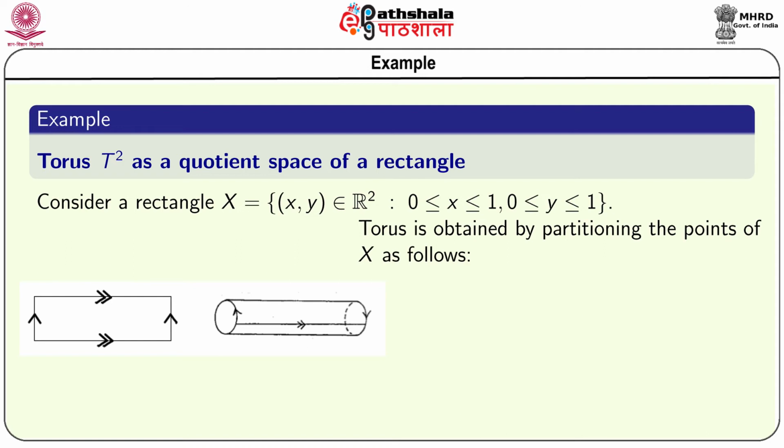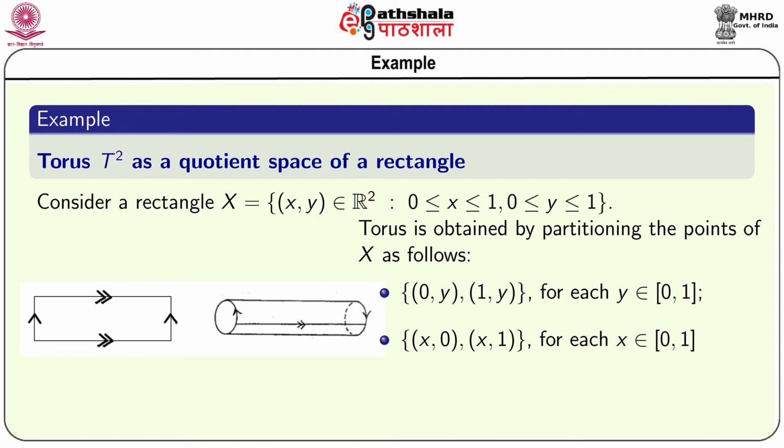So, first of all we are identifying the upper edge with the lower edge, that is shown in the second partition, that x0 and x1, these two are inside the same set in the partition, and when we are saying that we are identifying the vertical edge with the other vertical edge, that is seen from the first partition, where 0 y is identified with 1 y, y belonging to closed interval 0 1.